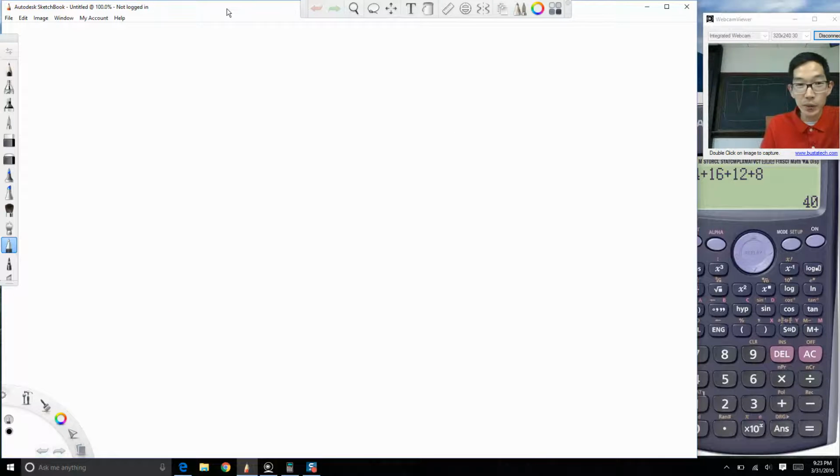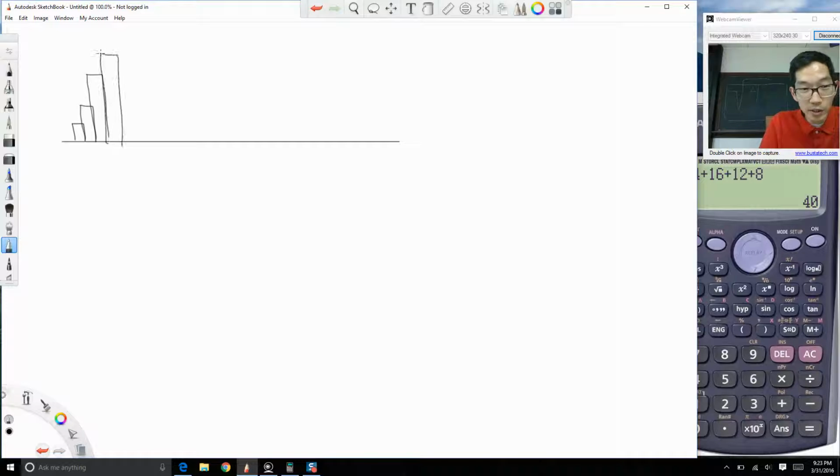Let's go back to histograms a little bit, okay? And we can say, I'm going to just create a histogram here. So keep in mind that this is numeric data here.